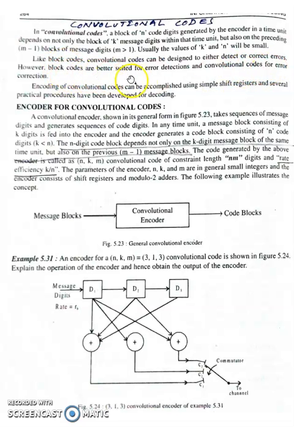Usually we say block codes are better suited for error detection and convolution codes for error correction. The encoding scheme in the convolution encoder is designed basically using shift registers and several other practical procedures. So encoding is usually done with shift registers, and decoding with various decoding procedures.